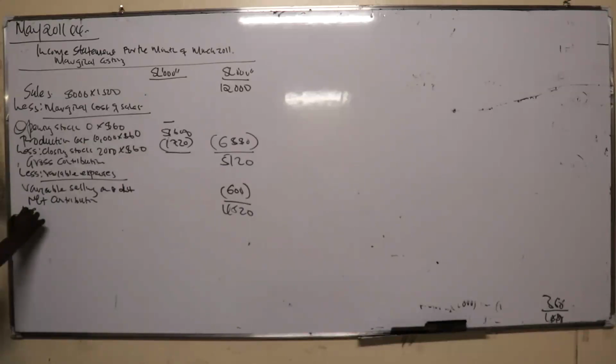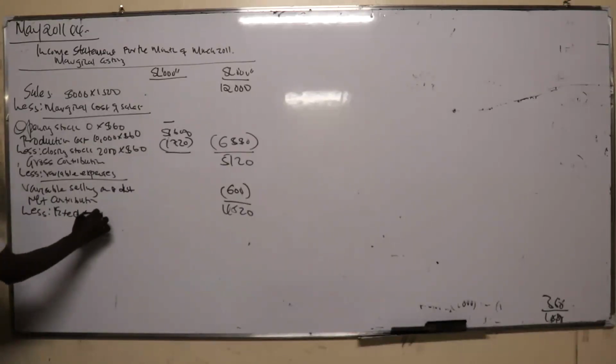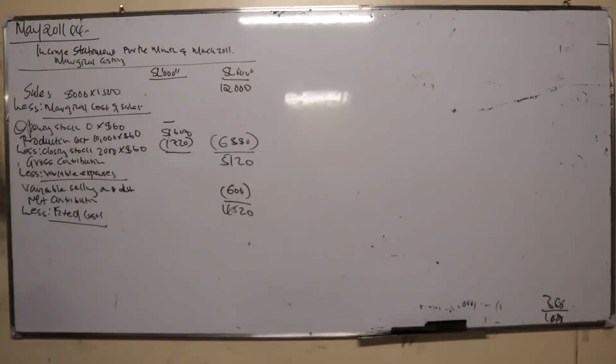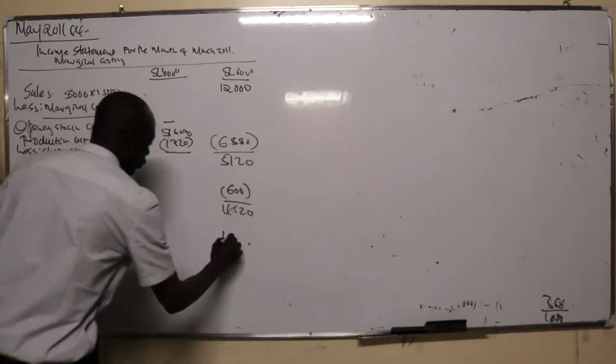And then you less other expenses, the fixed costs. We have fixed administration expenses, which was 1,000, so you less here 1,000.